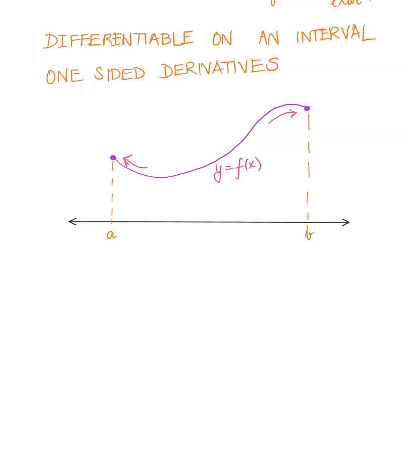So in terms of derivative, which is seen also as the tangent line, you can see that at this point, if you keep approaching this with the tangent line, this becomes the tangent line, and so we have the right-hand derivative.